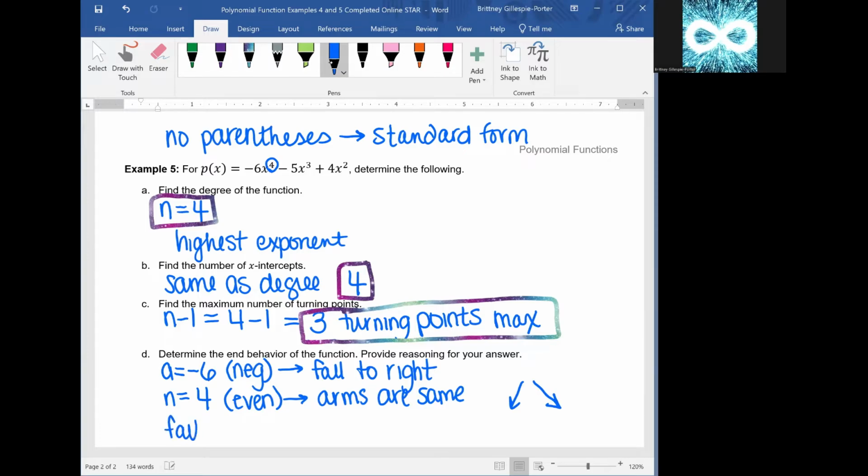So our end behavior is that we fall left and right. You could also say down, left, and right, anything along those lines. But you need to make sure that you state in words what's happening to both the left and to the right.